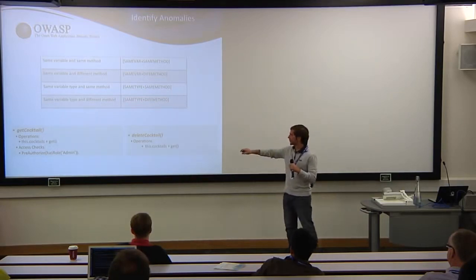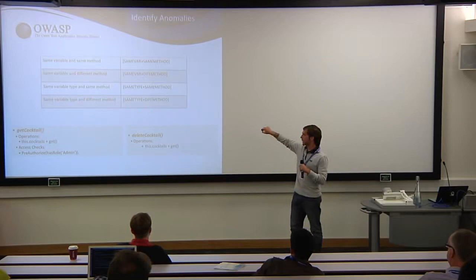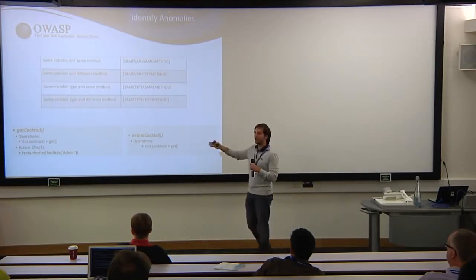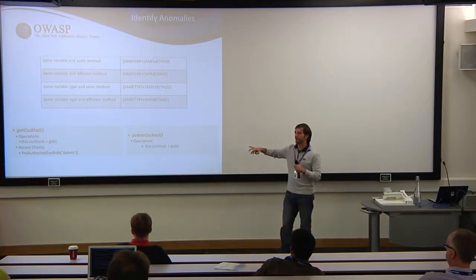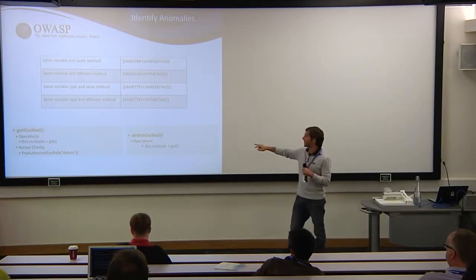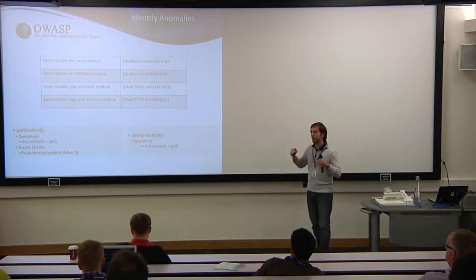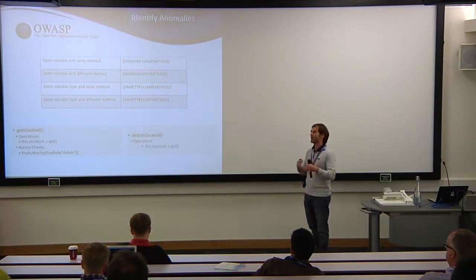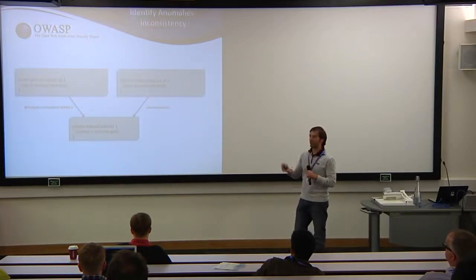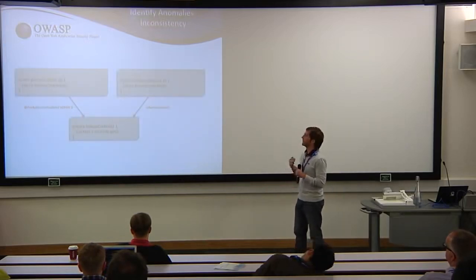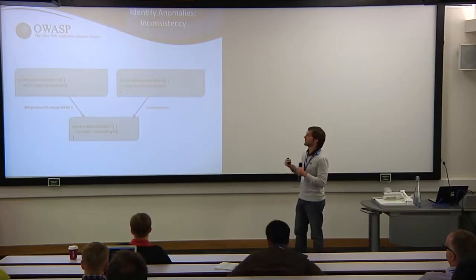So this is the example that we saw before. In this case, get cocktail is the same variable, this cocktail that belongs to the class, it's a class member, and then the get function. As the delete cocktail and the get cocktail are invoking the same operation, we can infer that there is a missing authorization check. Now, we are not only looking for missing authorization checks, but also inconsistencies, right?